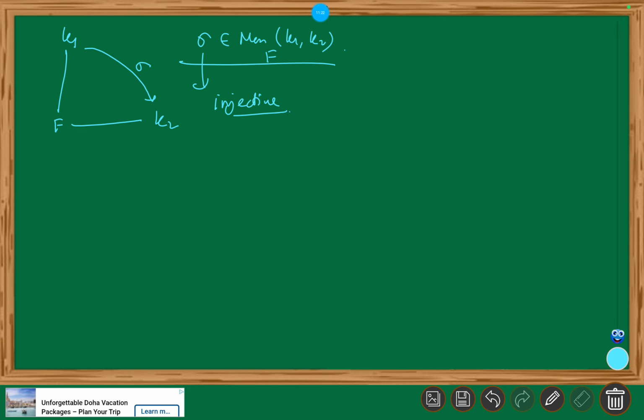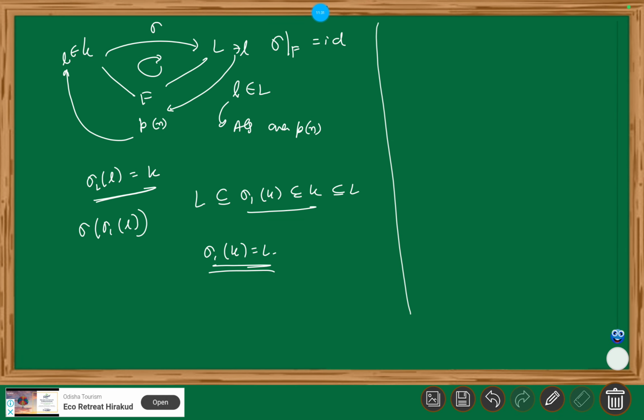Now to show that it is surjective as well. So in order to prove that this particular sigma is an isomorphism, what we have to do.